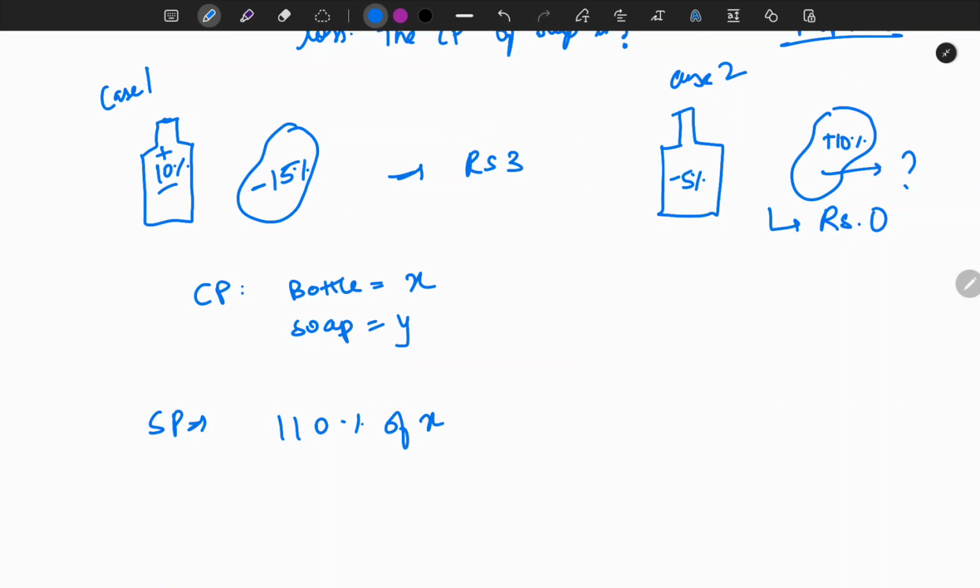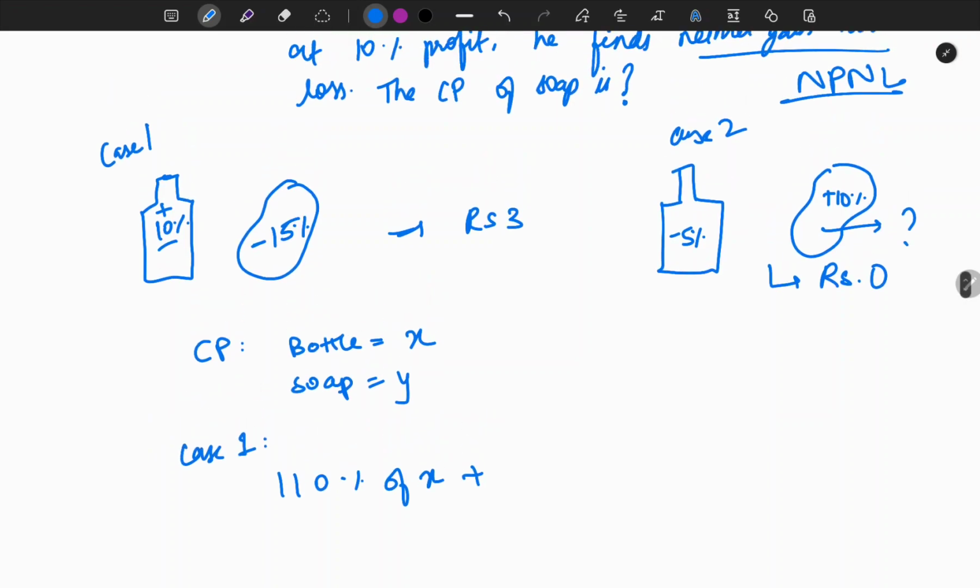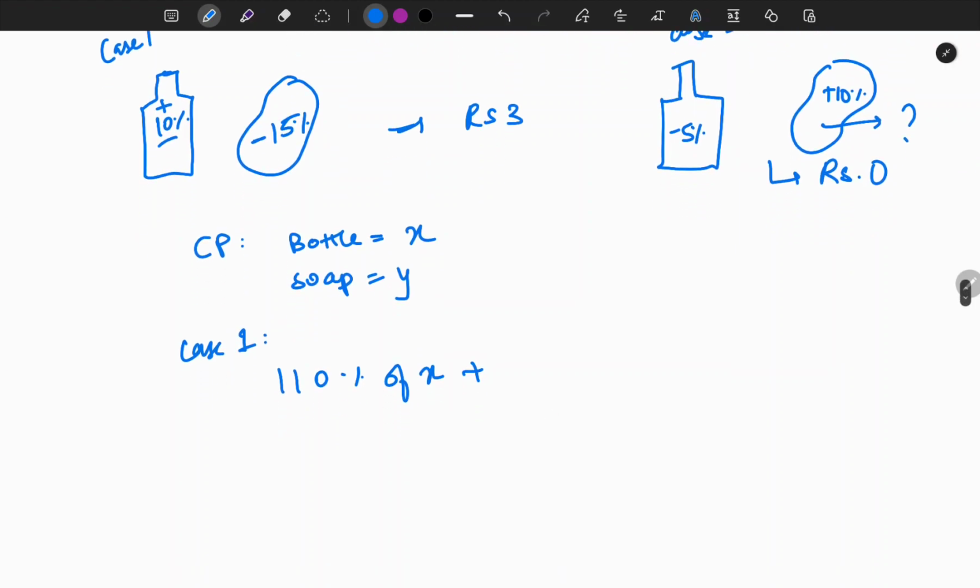So case 1, we have 110% of X plus 100 minus 15 upon 100 into CP. Because it's a loss, that will be 85% of Y, and this is equal to 3 rupees.